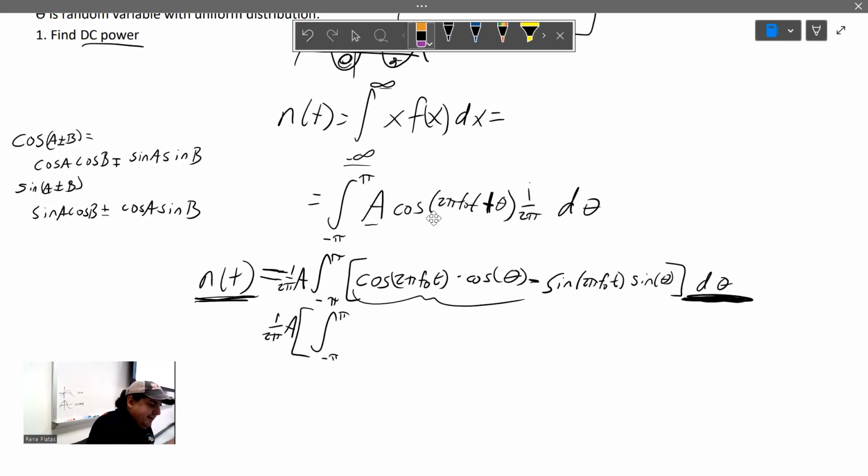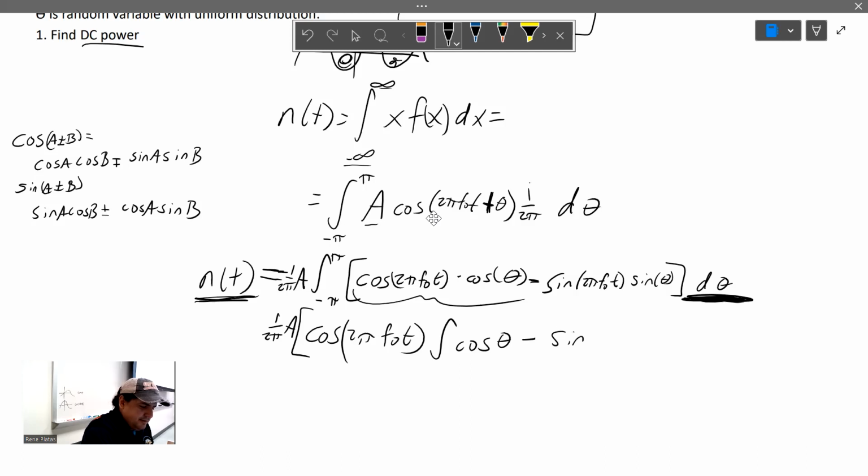So in reality, we can pull out the cosine right here, because this is a constant. Minus, this is also a constant, and the integral of sine of theta, like that.